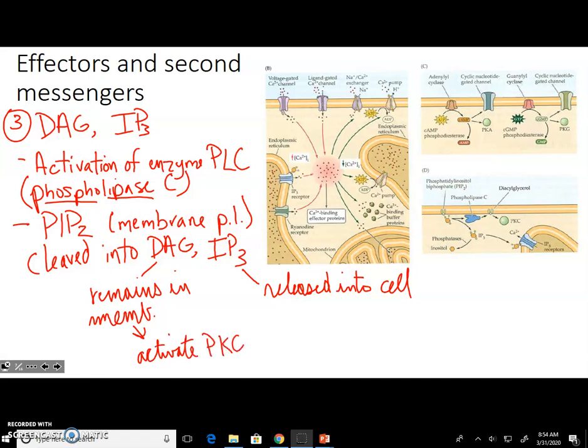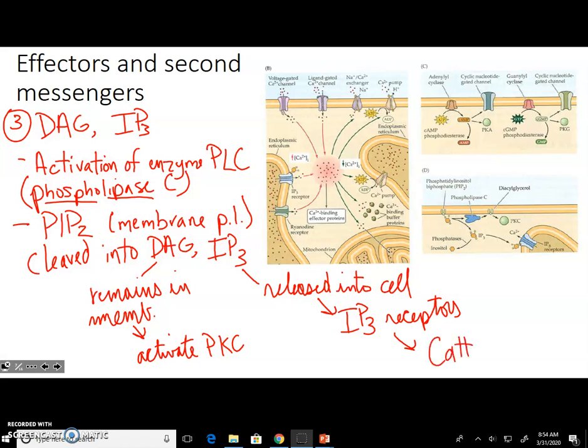So we'll talk a lot about kinases in general and a couple of specific kinases. Whereas IP3 can activate IP3 receptors. These IP3 receptors often serve as gates for calcium to leave places like the ER. So activation of IP3 receptors often triggers calcium release.